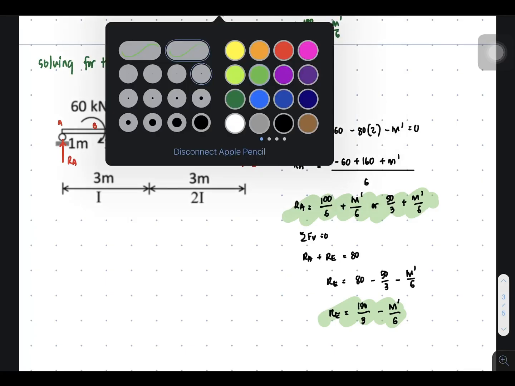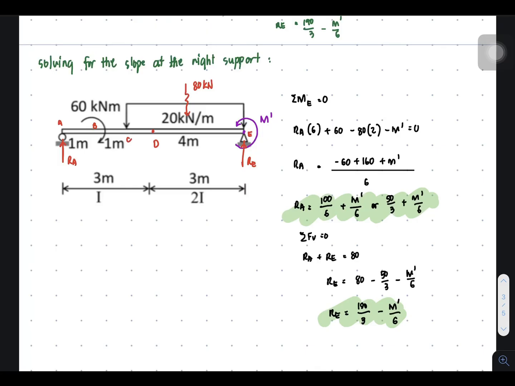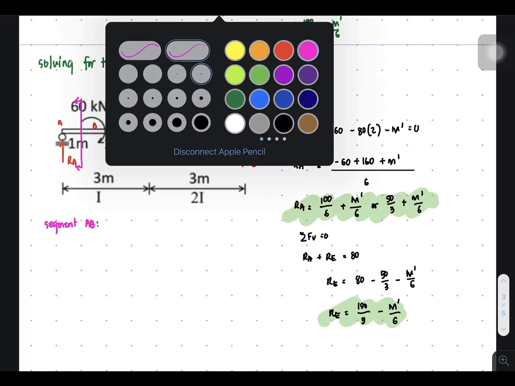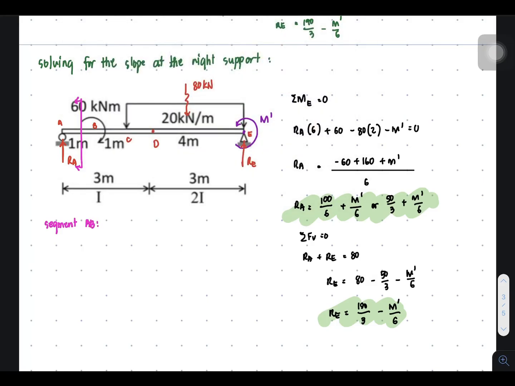So for the meantime, let us now cut a section. For segment AB, we will be cutting here and considering the left section or side. So this is segment AB. And what we're going to do here is illustrate the section.